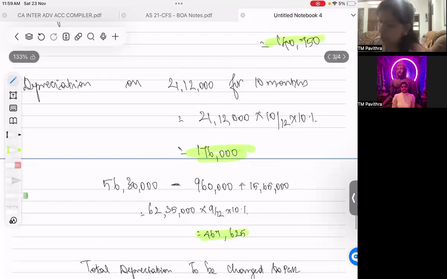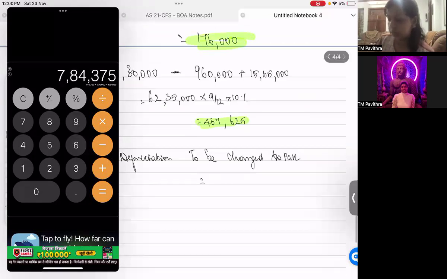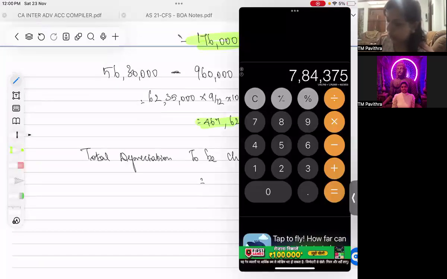So we will add all these 3 and we will get the total amount of depreciation. So it gives 1,40,750 plus 1,76,000 plus 4,67,625. So the total depreciation comes to about 7,84,375. So this is the depreciation to be charged to our plant and machinery.